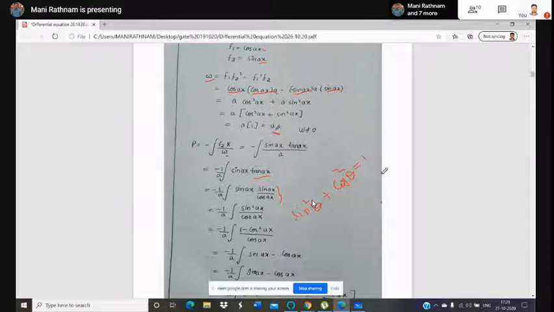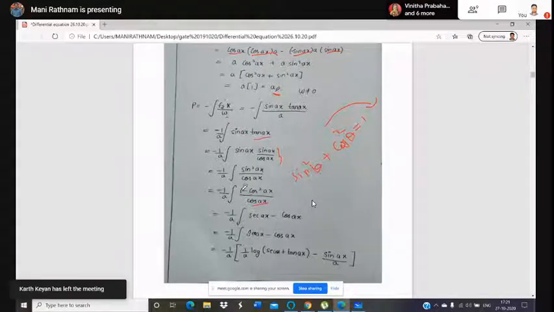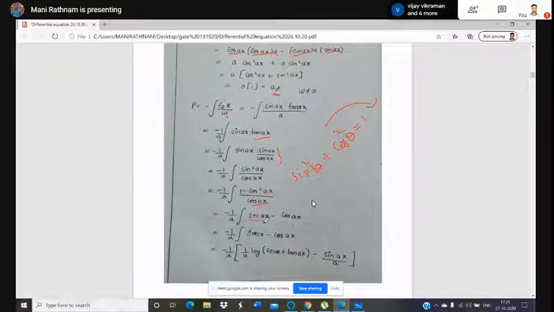With this identity, sin square ax can be written as 1 minus cos square ax. Then cos ax in the denominator should be divided into each numerator term separately: 1 by cos ax.